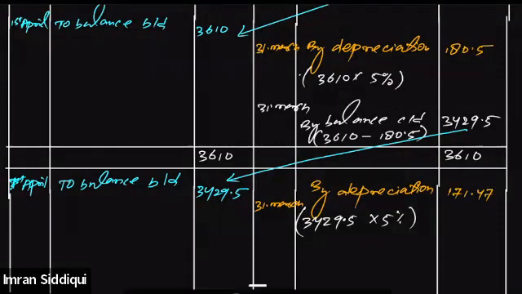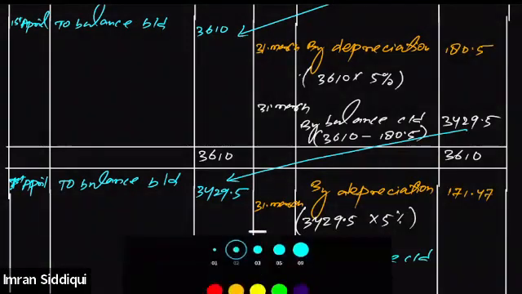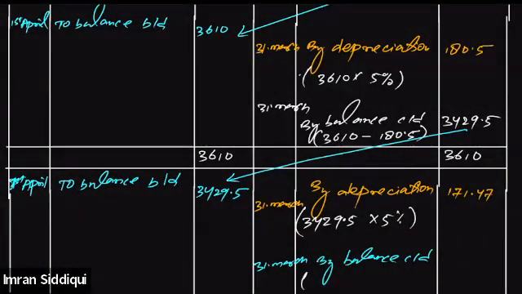Right. And then after this, we'll find out the closing balance of the fourth year, or the written down value of the fourth year, by balance CD. And that will be calculated by subtracting 171.47 out of 3429.5. 3429.5 minus 171.47.